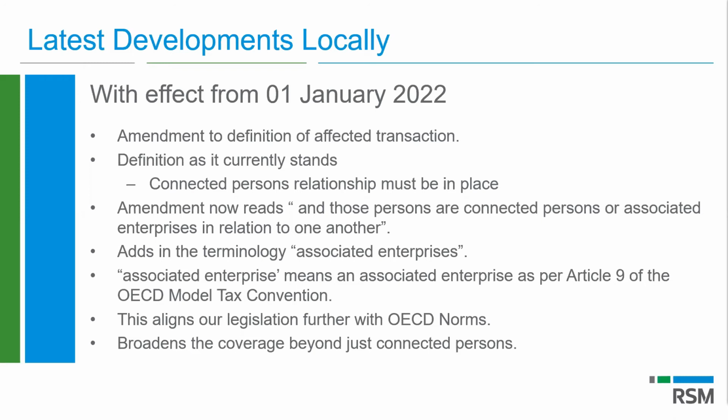When we start looking at the definition of associated enterprise, that definition becomes so much broader that we now need to be very careful around our branch or external company structures, because these may very well now fall within, and in my view do fall within, the provisions of Section 31, which means that the provisions of the transfer pricing legislation will now start to apply to these types of structures. So that's just one example that needs to be considered. But external company or branch structures are quite common within South Africa.